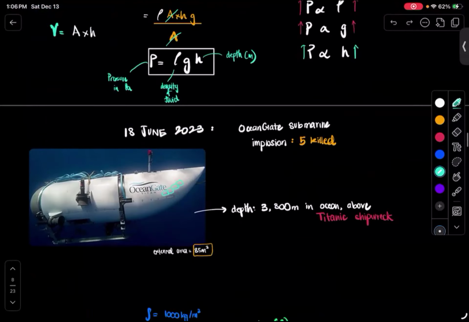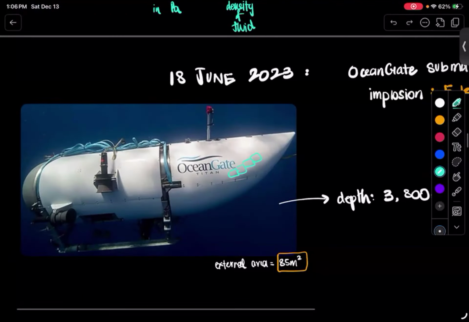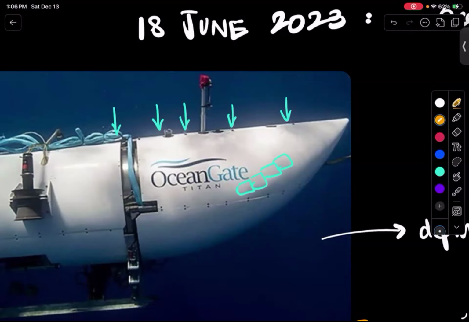And by the way, that's almost the same thing that happened to the submarine as well, right? If there is a very, very large amount of force from the outside, then inside the submarine you have to apply an equal and opposite force to make sure that you do not get crushed by this force.